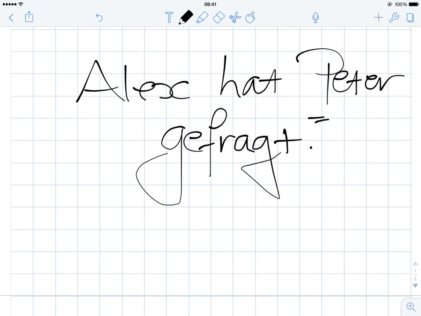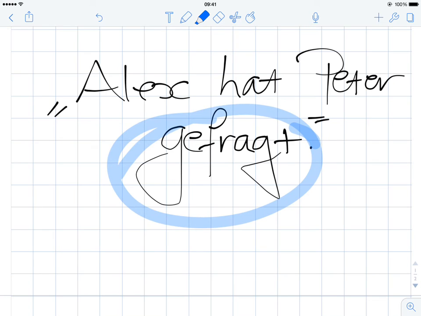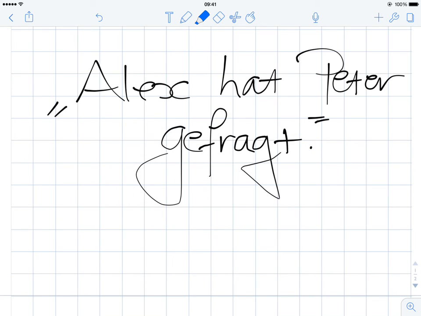Let's assume you've never seen the past participle gefragt before. Either way, what is it that Alex did to Peter, Peter being the person that something is happening to? It's a mystery until we figure out what gefragt means.